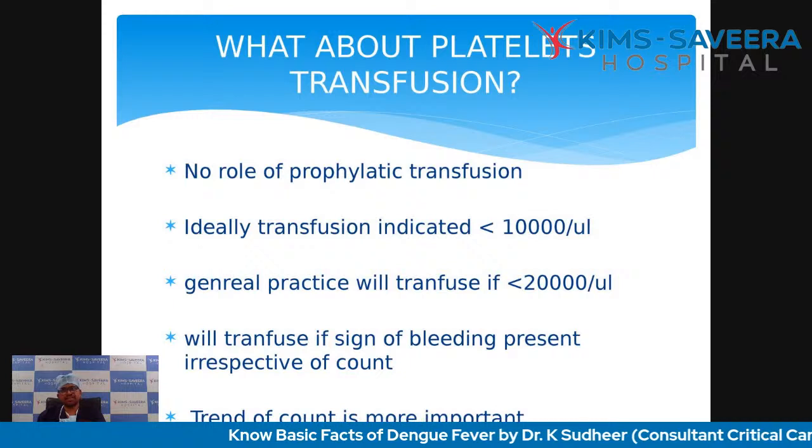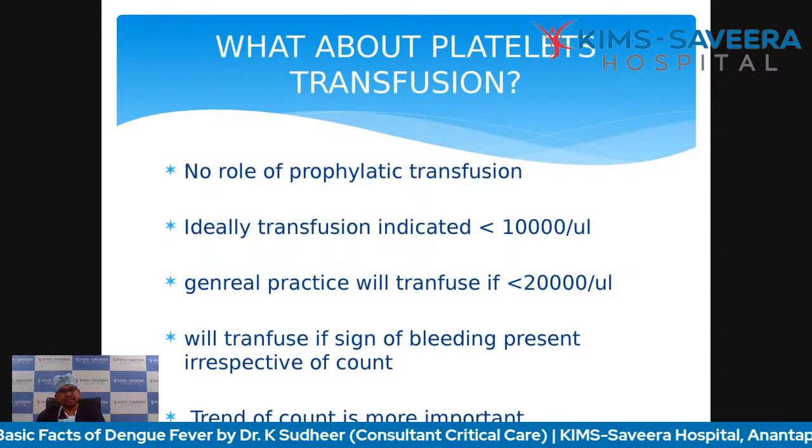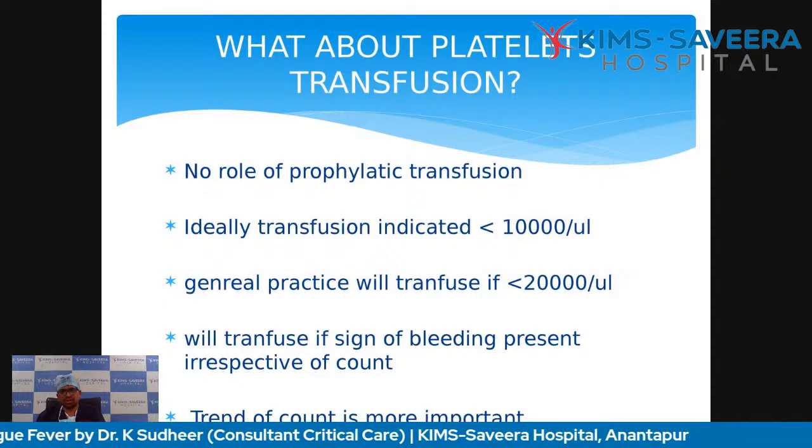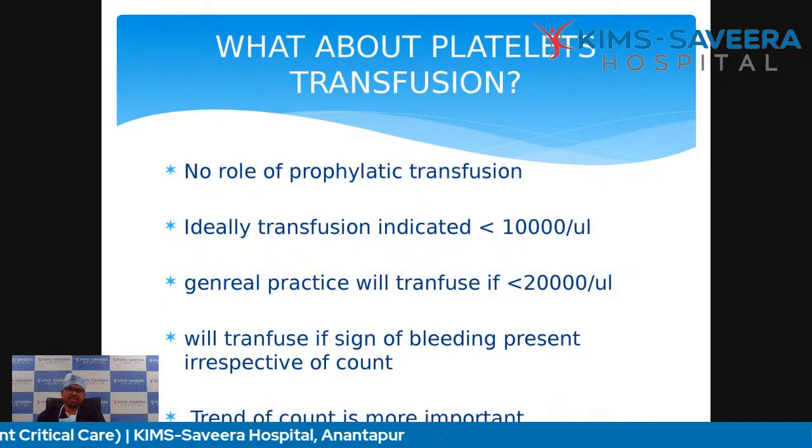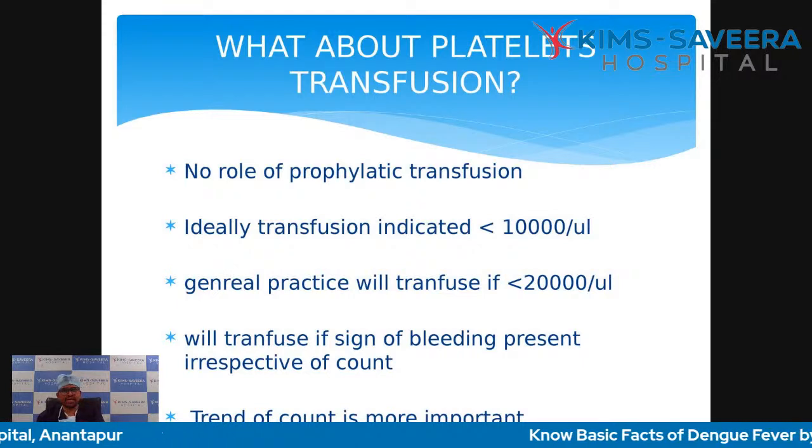Usually, if platelets are less than 75,000, we just give supportive management to control the fever and give fluids, and we monitor the platelet count every 12 hours, in the morning and evening.